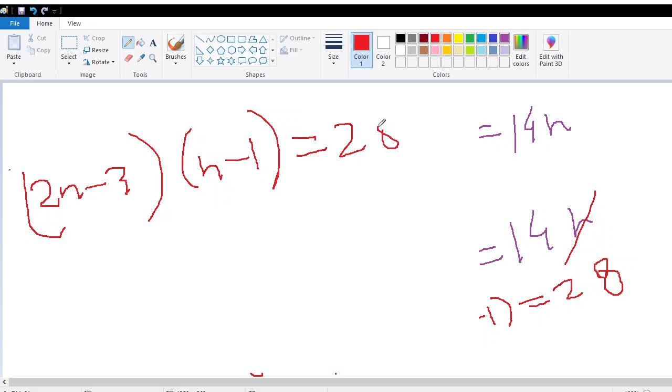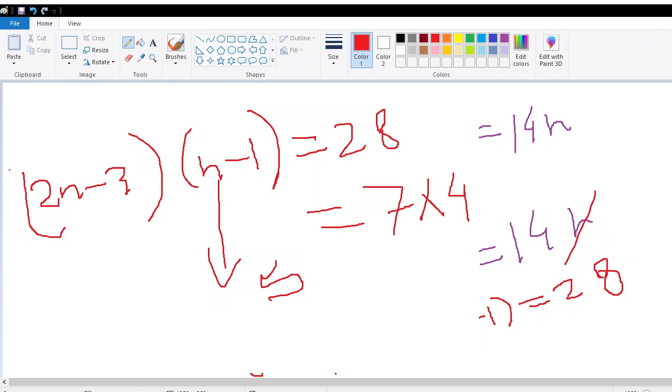Now you see these are integer values, so this must be an integer. So you factorize this 28; you may have 7 into 4 or 14 into 2, anything. 7 into 4 satisfies this, so if it is 4 then n is 5, and if n is 5 then 5 into 2 minus 3 is 7.